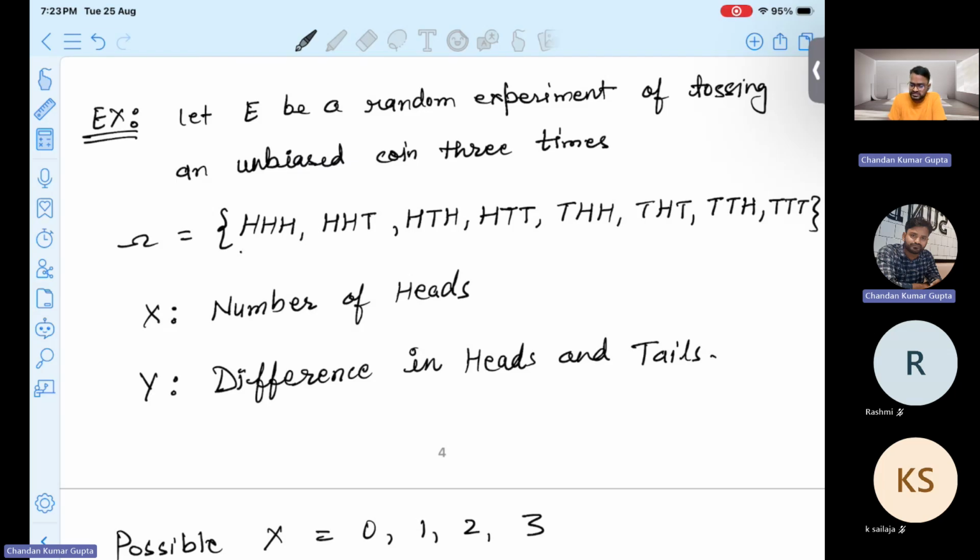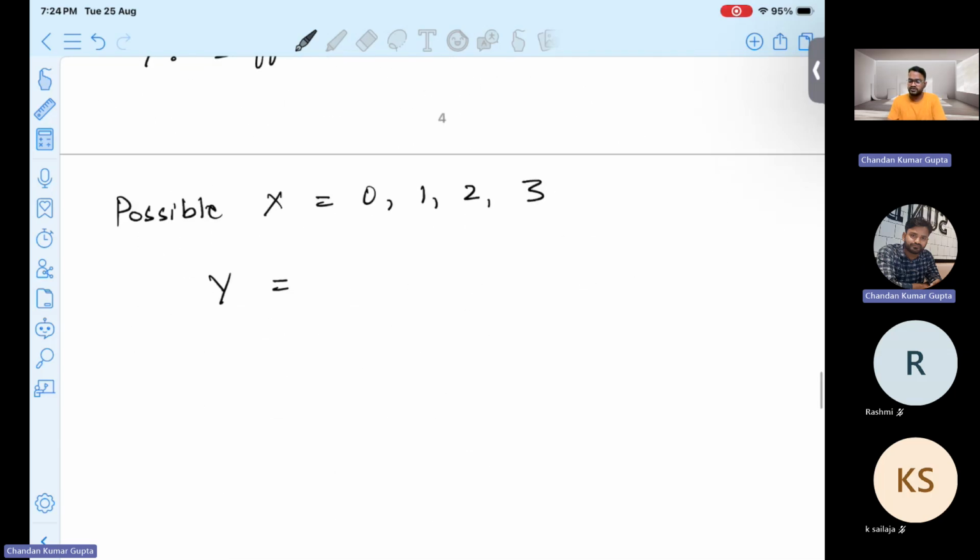Here the difference is 3, here 1, here 1, here 1, 1, 1, and here the difference is 3. So the possible values of Y are either 1 or 3 only.